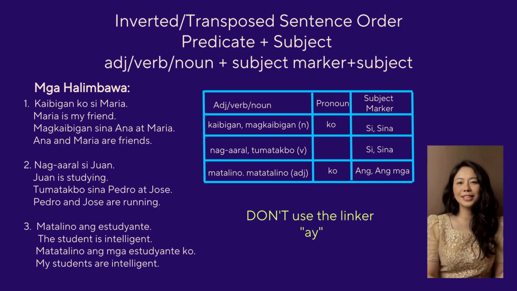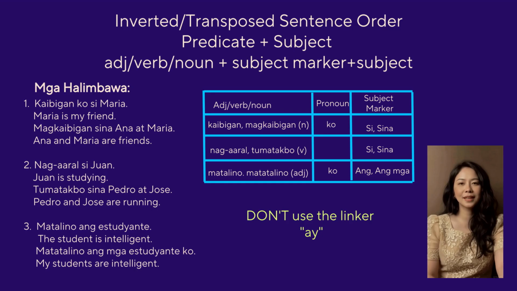So the format here is a verb plus subject marker and then the subject. Tumatakbo sina Pedro at Jose. The verb here is tumatakbo, and then our subject marker sina and our subjects Pedro and Jose.